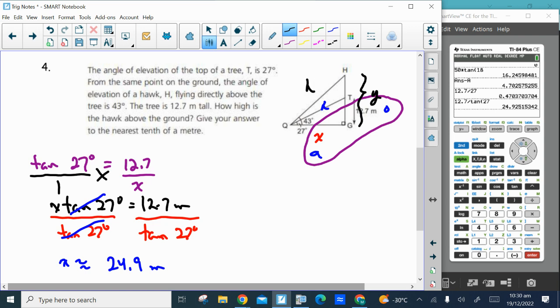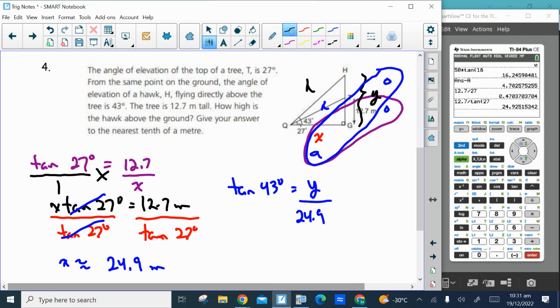Again, the side across from the right angle is the hypotenuse. I want to find Y, which is the side across from the 43-degree angle, so that's the opposite. Again, x is the adjacent, which I'm going to use because I found it. Once again, I'm going to use the tan ratio because that uses opposite and adjacent. But now the angle is 43 degrees. And that'll equal the opposite, which is y, over the adjacent, which I found to be 24.9.